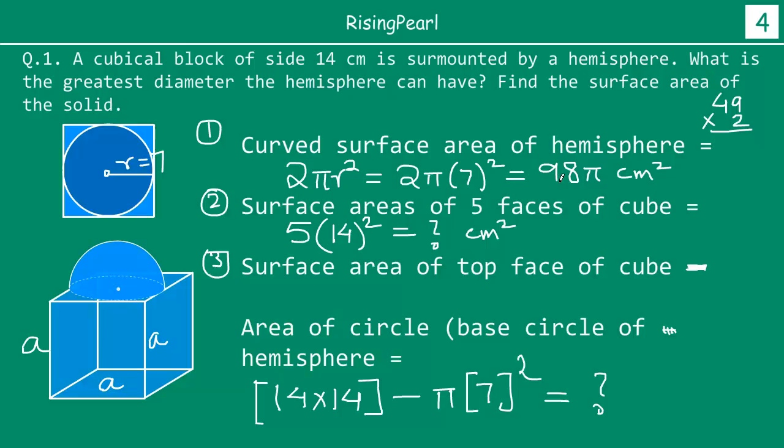So the final answer will be, we have to simply add 98 pi, and you are going to replace the pi with 22 by 7 and calculate what value you get. So this plus this, plus whatever you get here from 14 times 14 minus 49 pi. So if you add 1, 2 and 3, you will get the required answer, which is the total surface area of the solid.